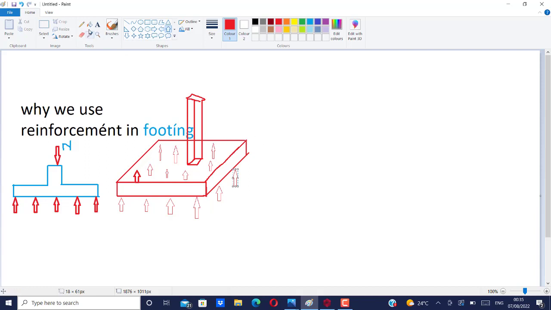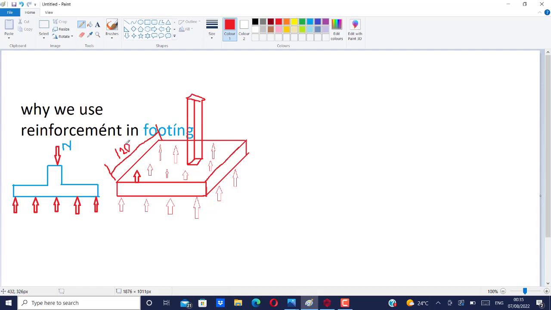Let us assume that this dimension is probably 1.5 or 1.2.